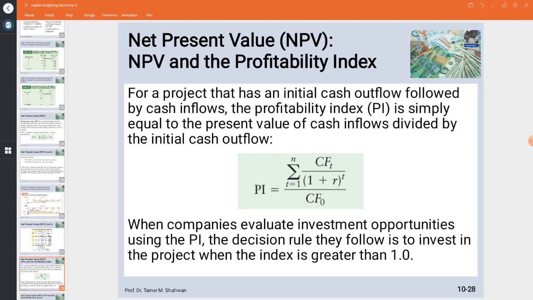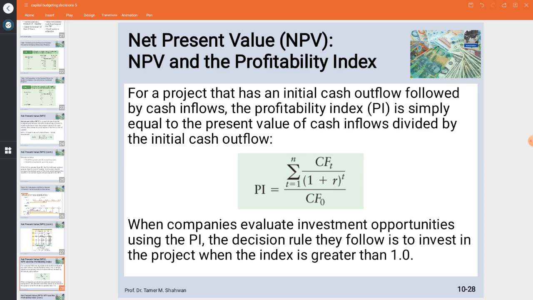Another third approach that could be used is what we call the profitability index. We refer to it as PI. It's very simple. It's equal to the present value of cash inflows divided by the initial cash outflows. As you see, PI is equal to the PV of cash inflows divided by the PV of cash outflows.